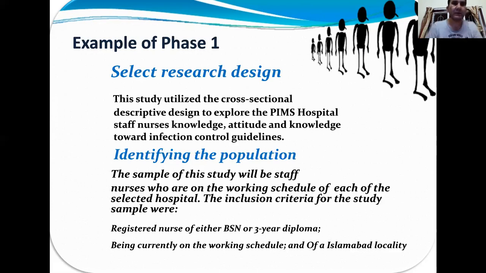After selecting the design, you will find out the population: the nursing staff, which is all the nursing staff working in the PIMS hospital or all over Islamabad. These are your population. But for the research project, you should have a specific, targeted population from where you will get very enriched information.